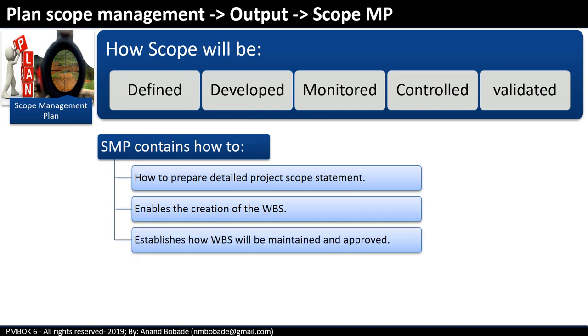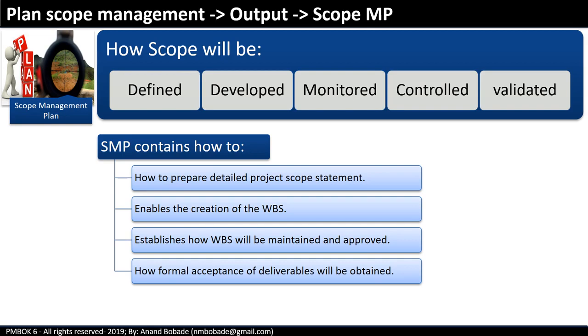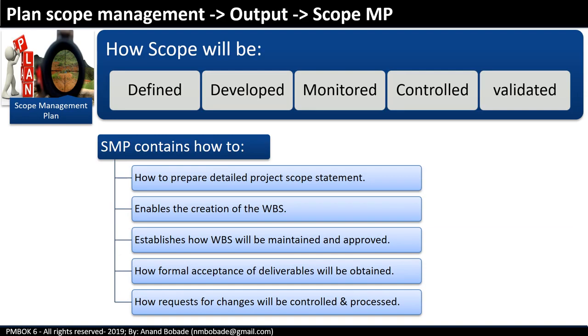It establishes how the WBS will be maintained and approved, both as a part of the create WBS process. It also includes the process of formally accepting the completed project deliverables as a part of validate scope, and the process for approving and maintaining the scope baseline as a part of control scope.